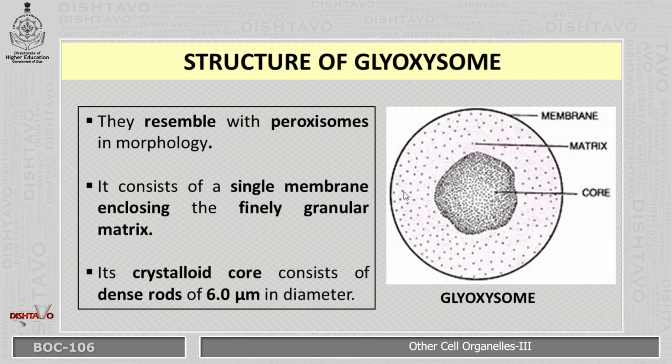If you see the structure, it is marked over there as matrix, but this matrix is finely granular. In other words, it is a granular matrix. The core is crystalloid, can you see this core in the center, which consists of dense rods of 6.0 micrometer in diameter.